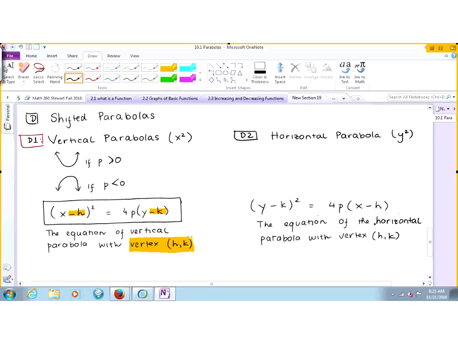Thank you. And for horizontal, if p is positive, the parabola opens to the right. If p is negative, the parabola opens to the left.